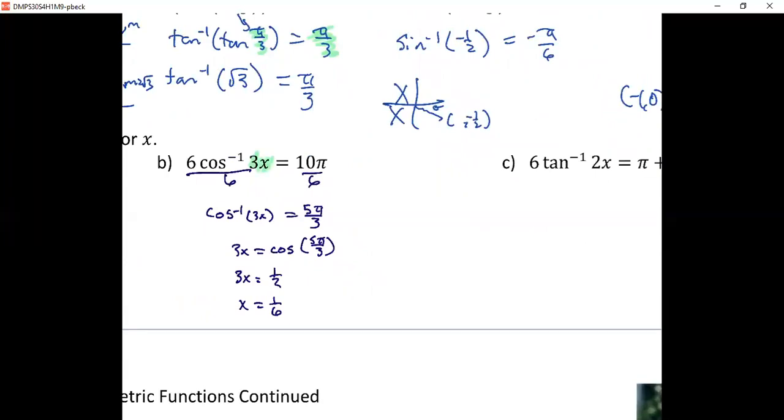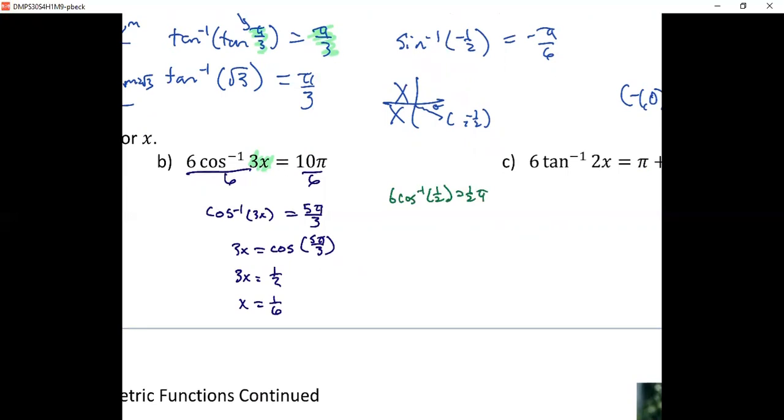The inverse cosine of 1/2, let me write this down for you. 6 times the inverse cosine of 1/2 is supposed to be 10 pi.